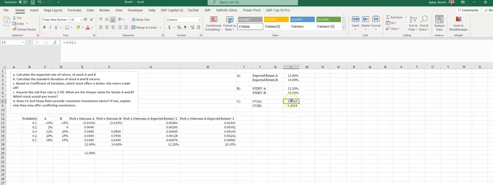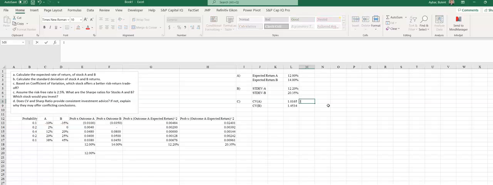Comparing A and B, definitely A is a better choice. Asset A has a better risk-return trade-off. Why? Because it is smaller, right? So smaller coefficient of variation is better.